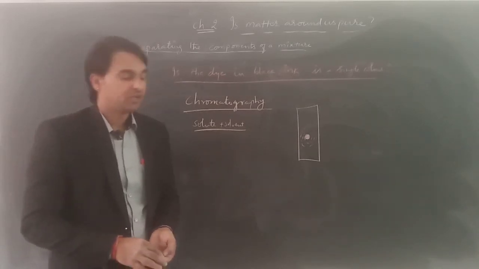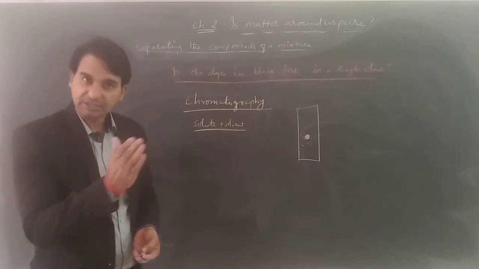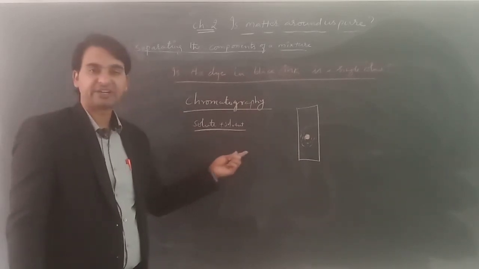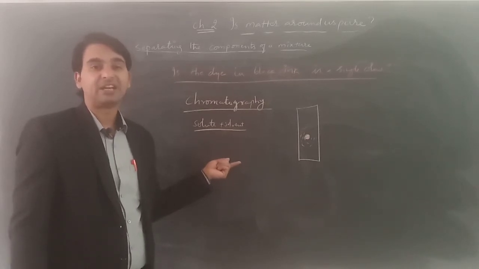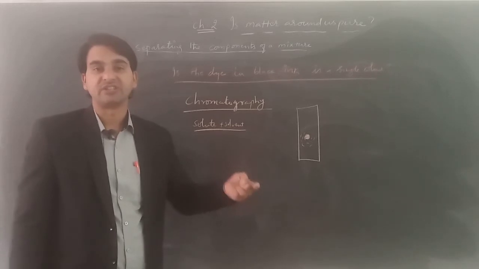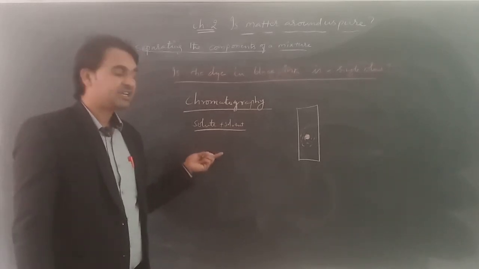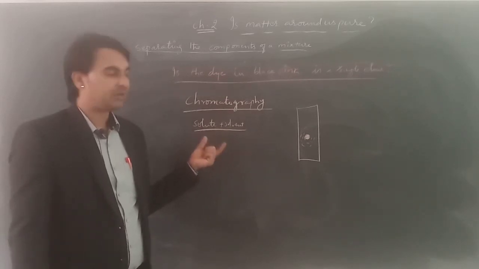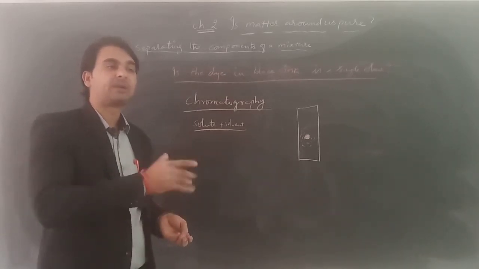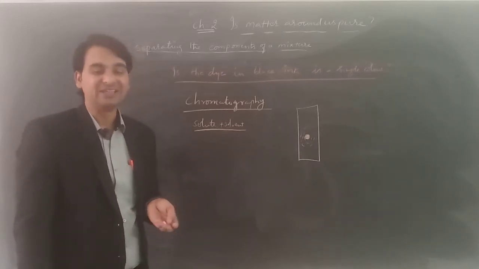Now where are we using this chromatography technique, that is, what are the different applications of chromatography? First, we can separate out the colors from a dye. So from a dye we can separate out the different shades or colors. Second, we can separate out the pigments from natural colors. Whatever natural colors we have, we can obtain the different shades or pigments by following the chromatography technique.